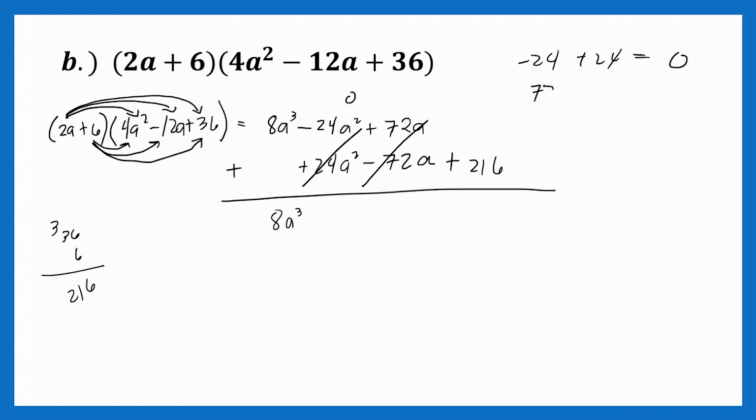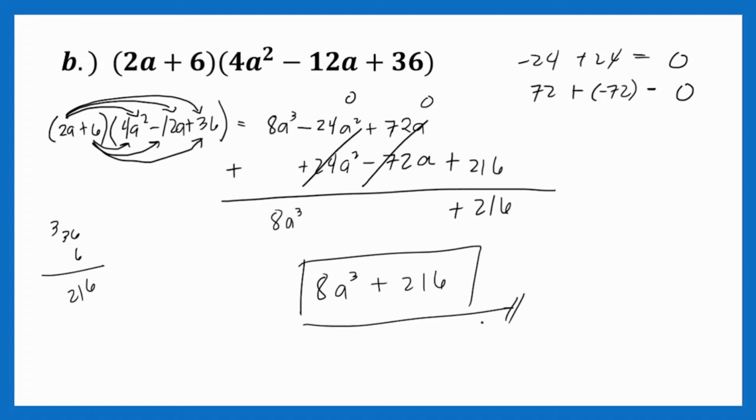Bakit? 72 plus negative 72. Since magka-opposite, we have to subtract. The answer is 0. 72 minus 72, the answer is 0. So, kapag nag-0 na yan, di mo na siya ilalagay. Bring down 216. Ayusin lang natin. 8a cubed plus 216. And this is now the final answer.